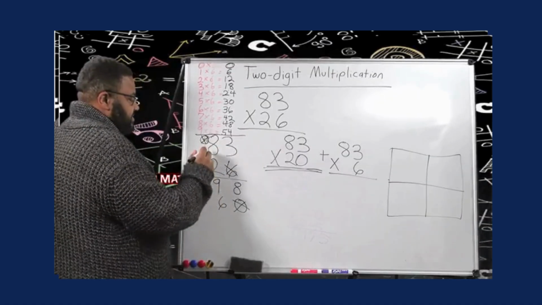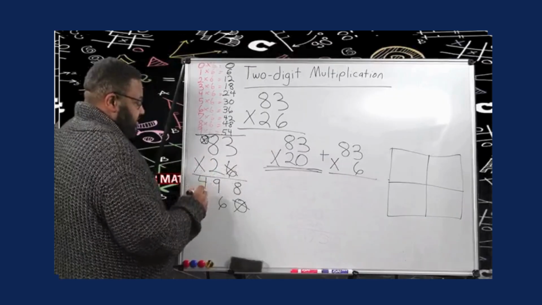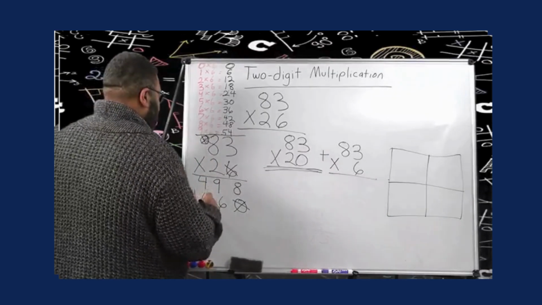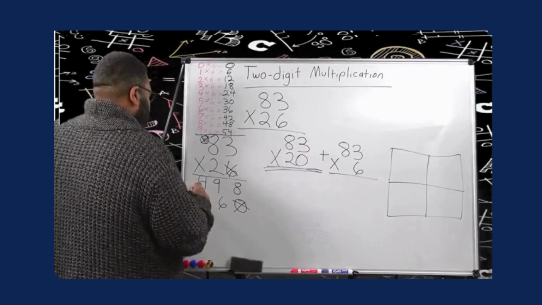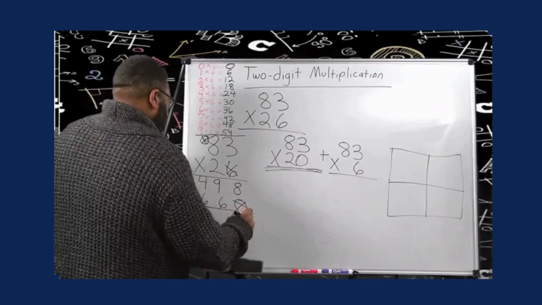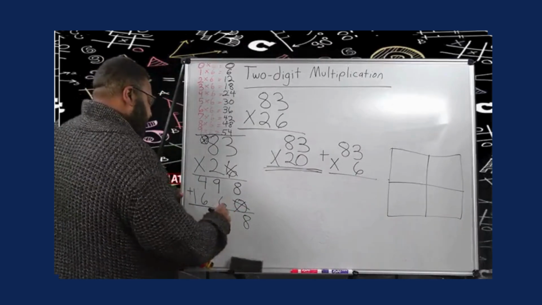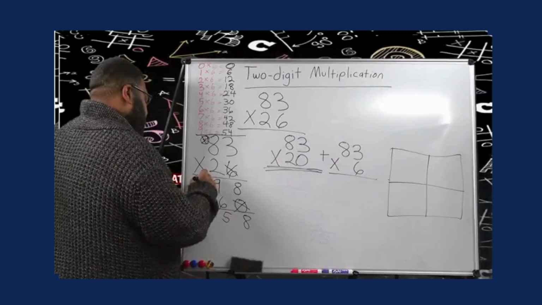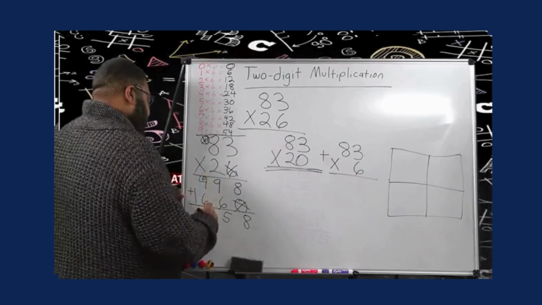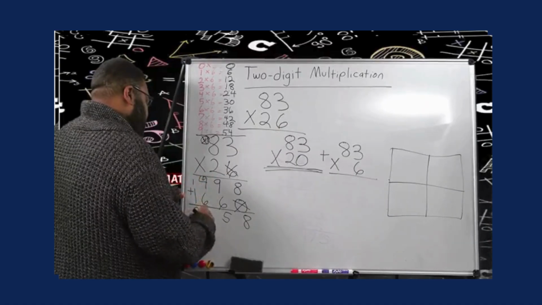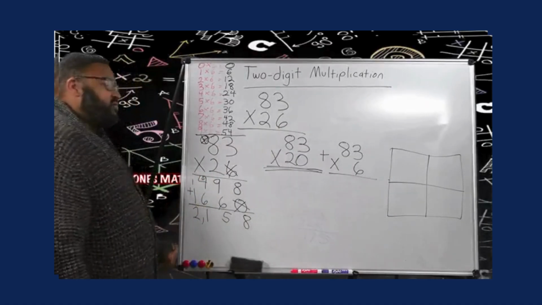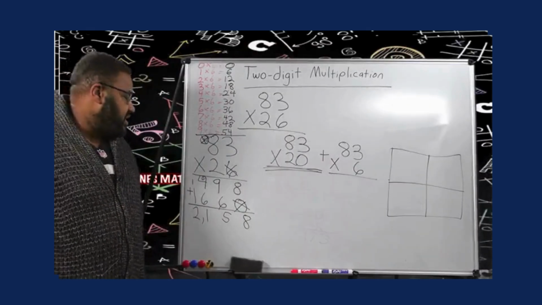And 2 times 8 is 16, okay? And we're adding, that's 8, 9 plus 6, that's 15, carry my 1. That's 11, carry my 1, and that's 2. So this time, it's 2,158.